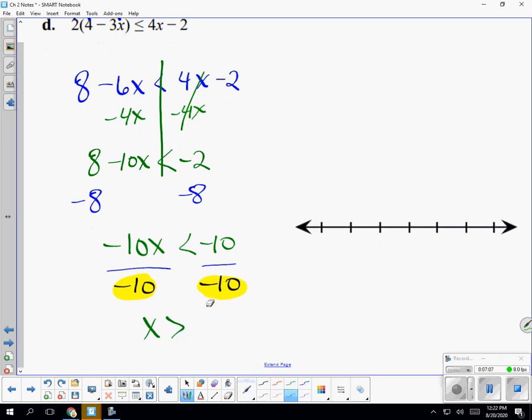That gives me x is greater than 1. So on my number line, since it's greater than, I'm going to put an open circle at 1, and it's going to be greater than or larger than, so I'm going to be going in this direction. Okay, there you go.